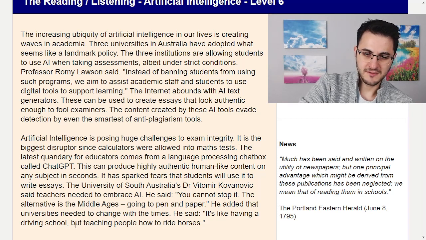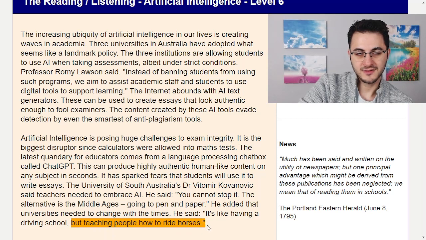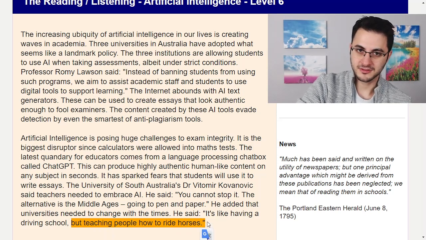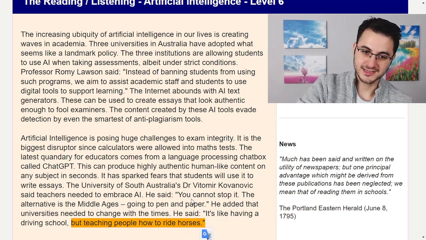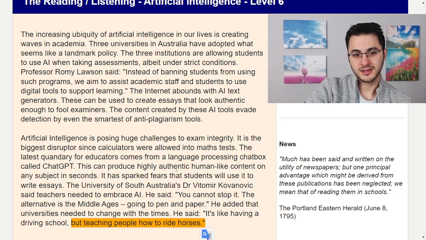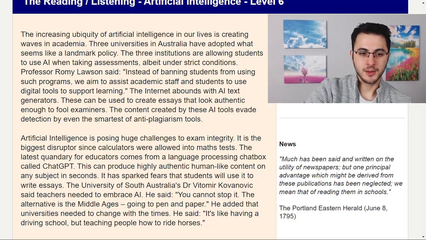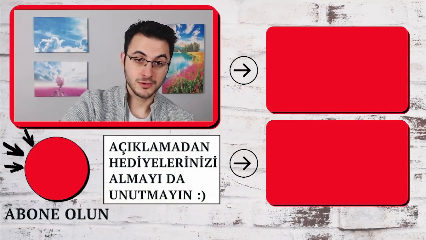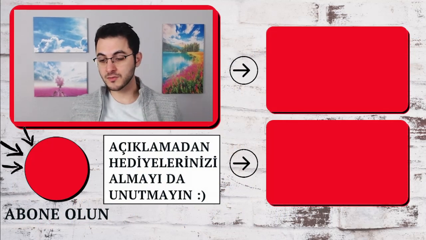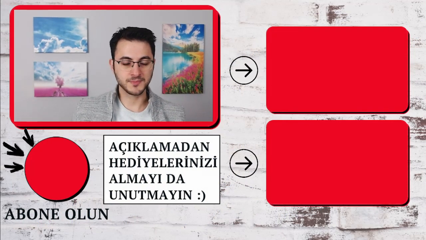So he says, if we don't adapt and use AI, we can't keep up with the times, and it doesn't make any sense. So this is what he says. This is his opinion, and I am quite curious to see what will happen in the future in the universities in Turkey, in the universities around the world. But it's definitely very interesting.